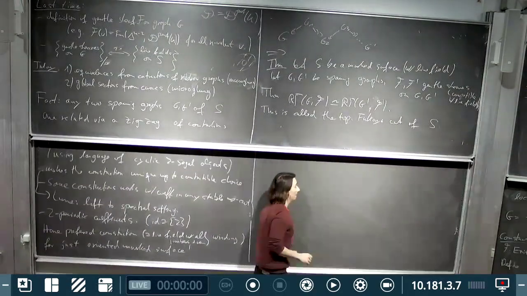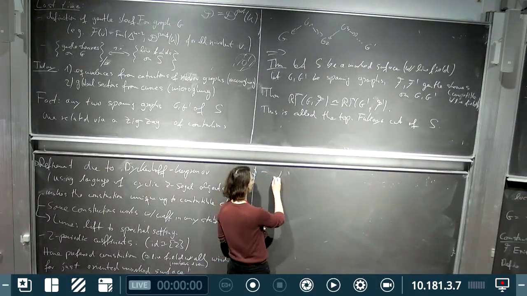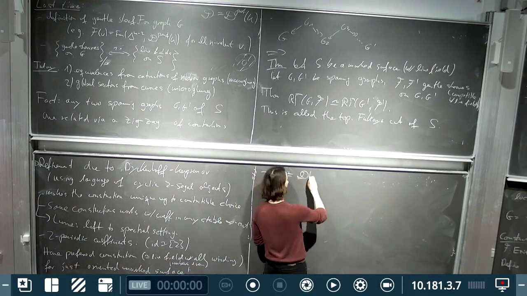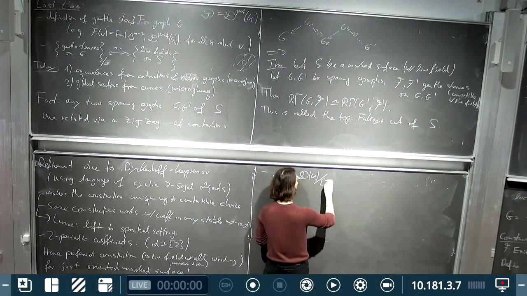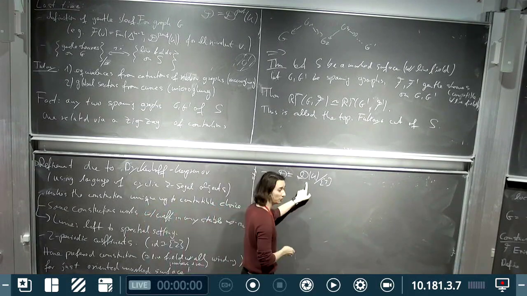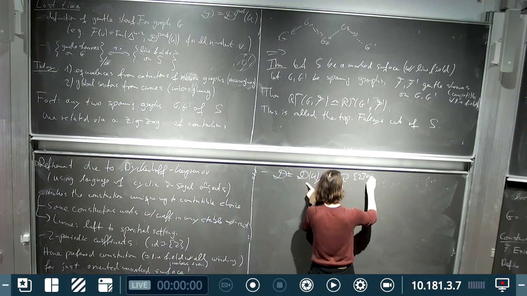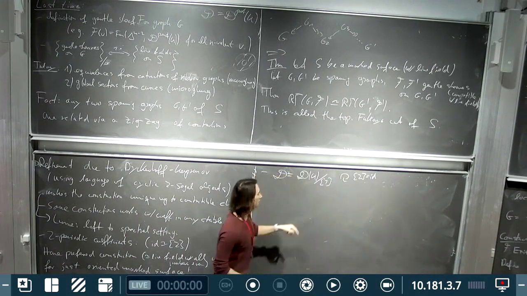So, for instance, if you choose D, your coefficient category, to be the one periodic derived category, this is a 2 periodic category. The shift by 2 is the identity.